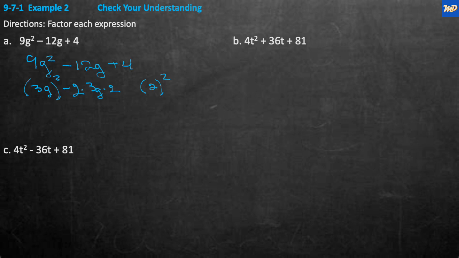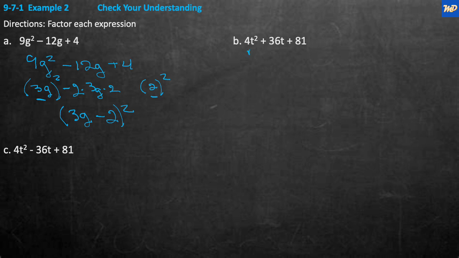So we just kept breaking it down until we found a 3g to match the a term and a 2 to match the b term. So we have a 2ab, and it's negative. So we're going to write this out. It's going to be 3g minus 2, squared. That's our answer.